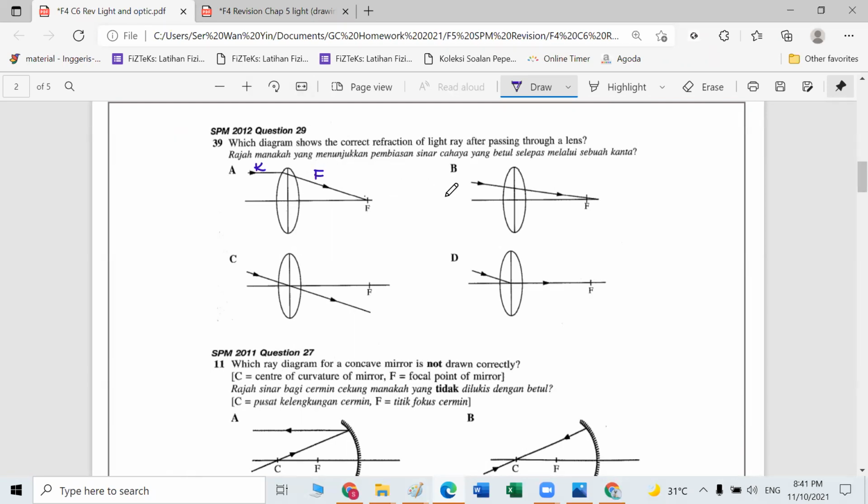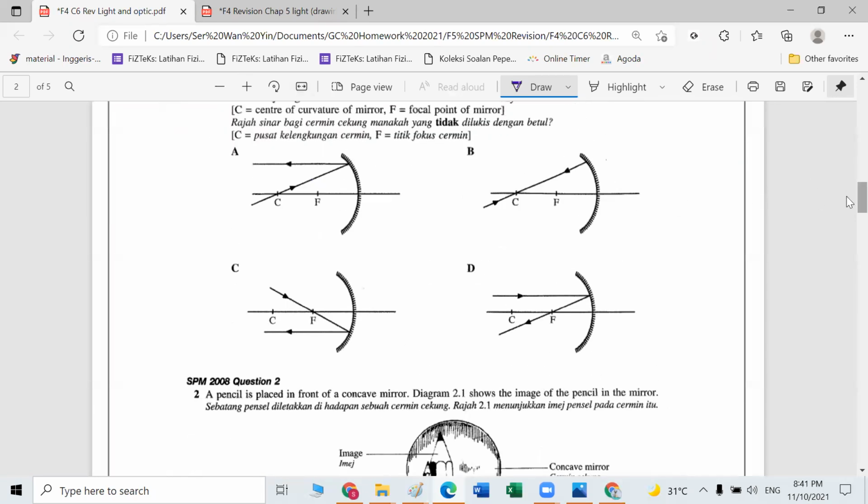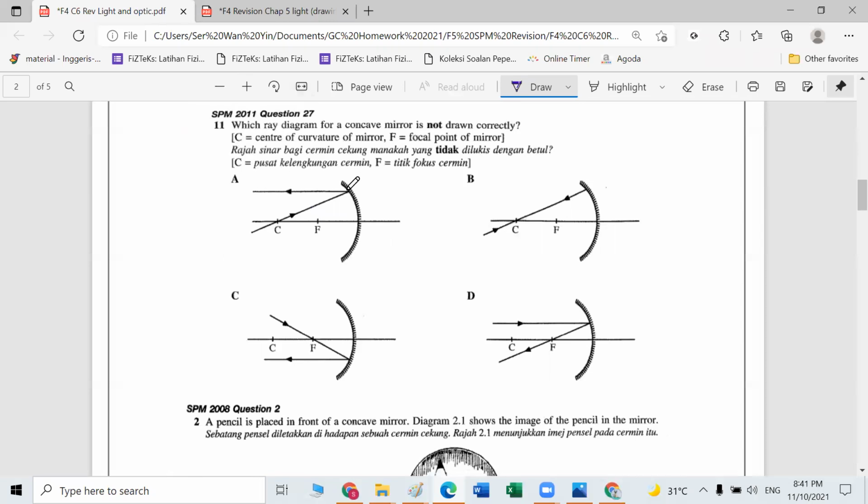Then this is called C. I should tell the mirror first. Now this is K. When the light passes through K, and K means parallel, then it will pass through to the focus. Okay, so KF. So this one correct.